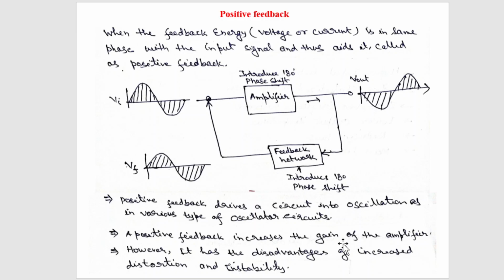Okay, and even once you have given a signal to the input, if you remove the input signal, because of the positive feedback the circuit basically goes into oscillations. Therefore, the basic application of positive feedback is in oscillatory circuits.